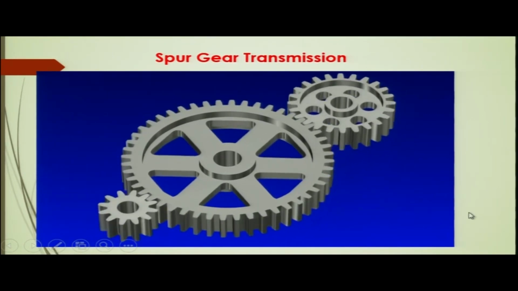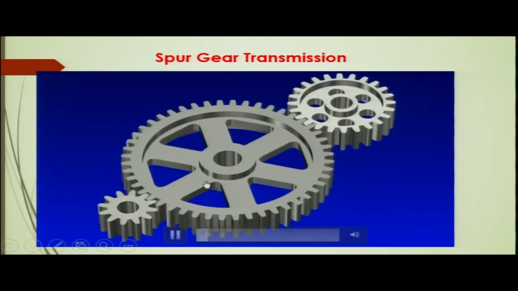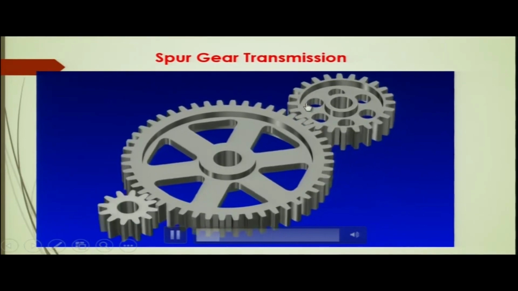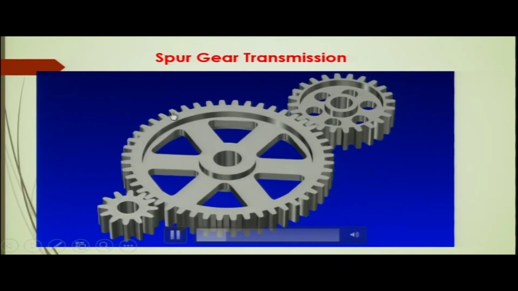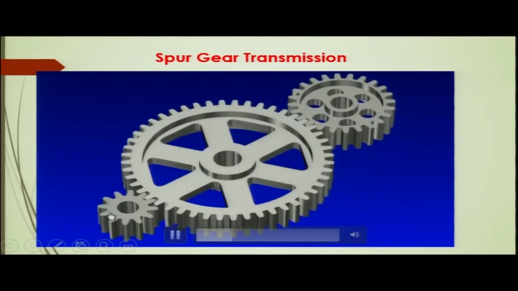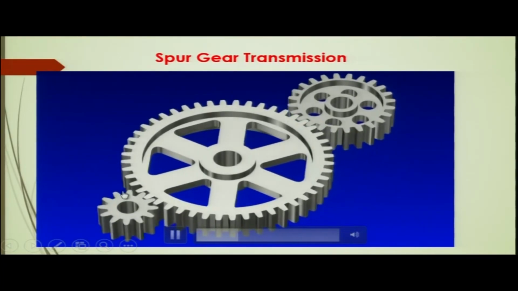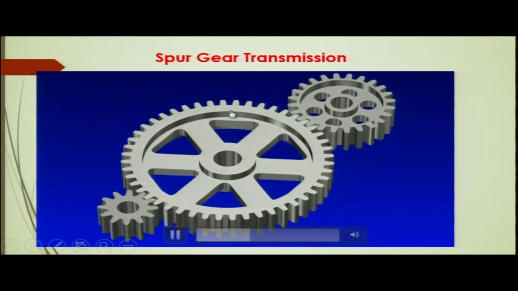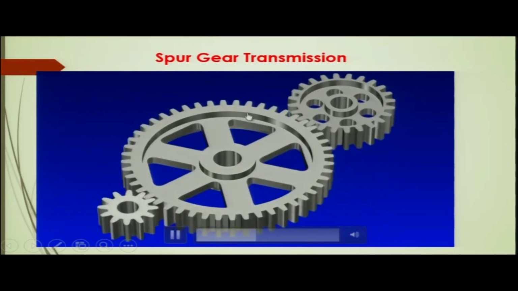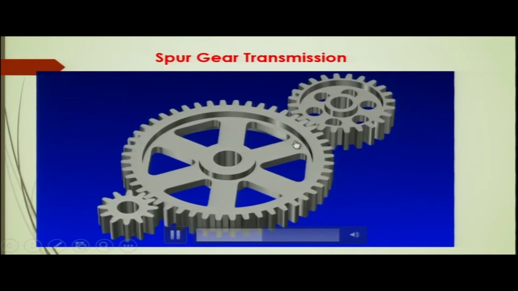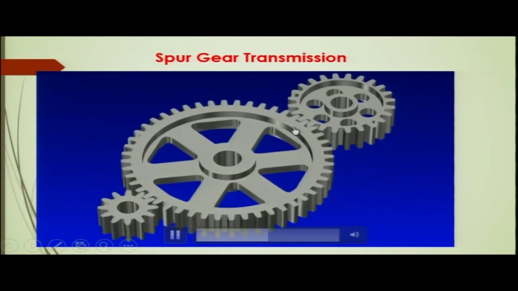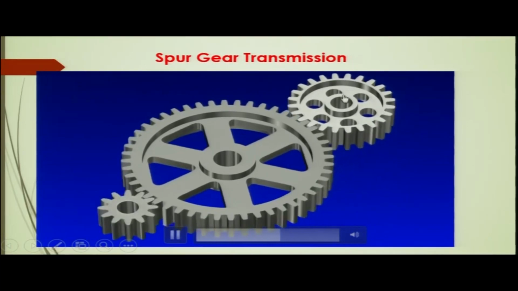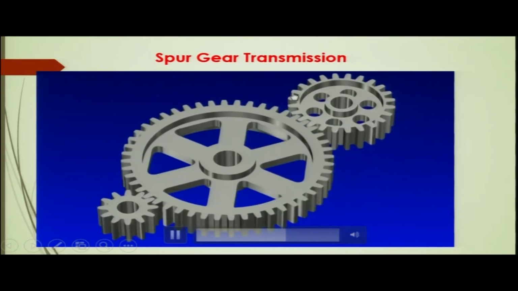So, here as you can see, when this gear is rotating in this direction, this gear is rotating in the same direction. This is because of the intermediate gear. When the input shaft is rotating, let us say, in the anti-clockwise direction, the intermediate gear will be rotating in the clockwise direction, and in its turn the intermediate gear is coupled with the output gear, which will rotate the output gear in the opposite direction.